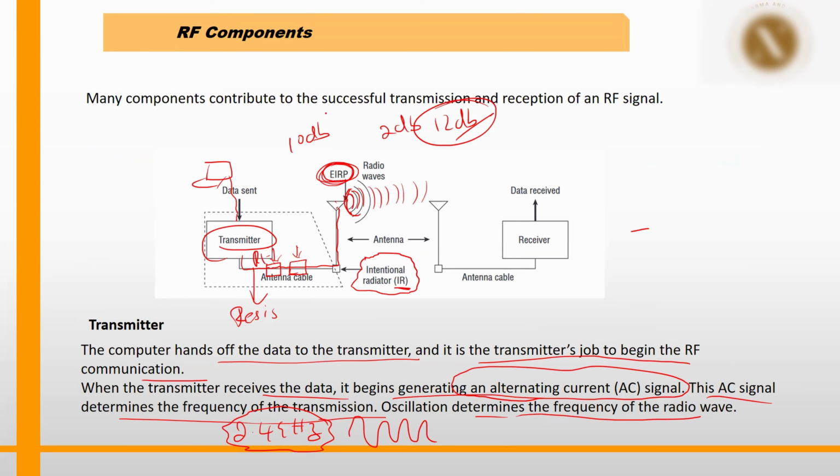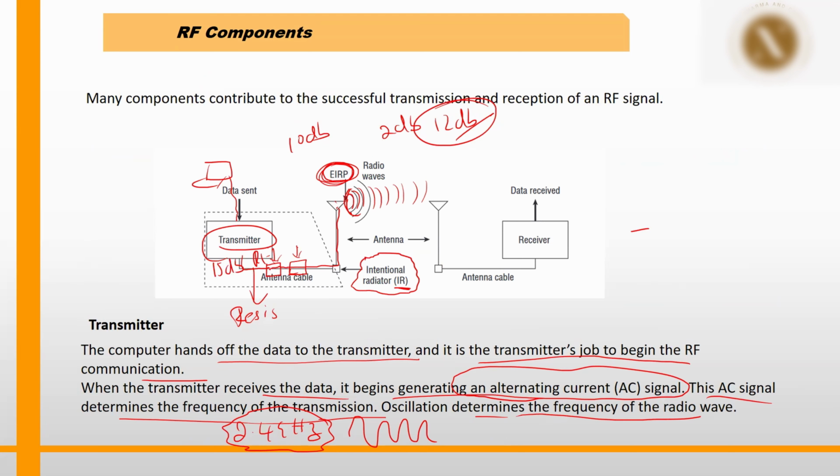But just to summarize the RF components, there is a transmitter, antenna cable, lightning arresters, or it can be some boosters in between. They will decrease the signal strength. Suppose the signal is generated at 15 dB.